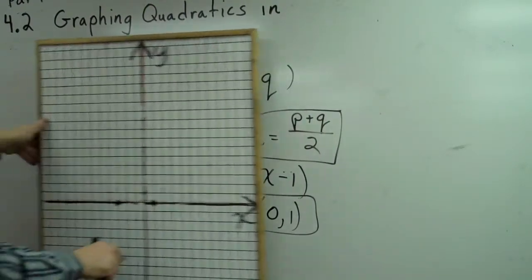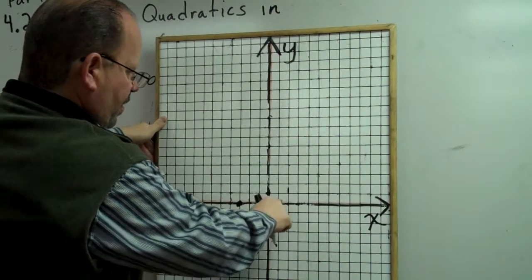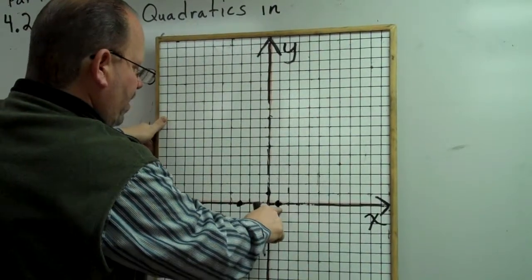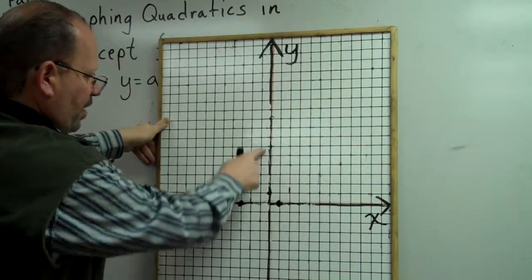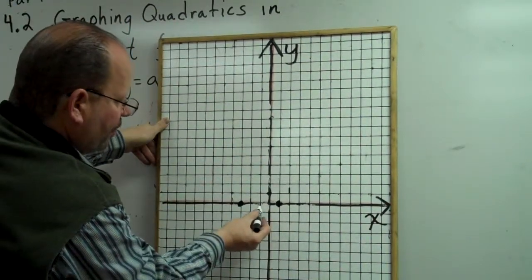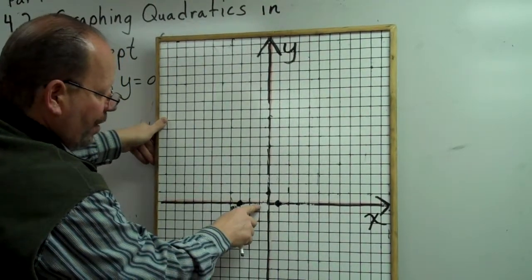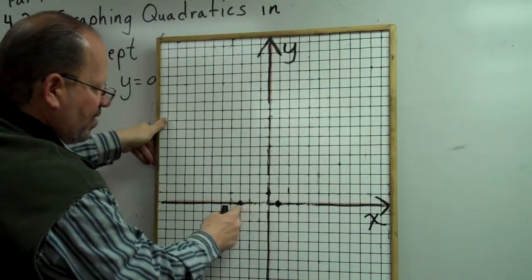We find our parabola is going to cross the x-axis at these 2 points, and our vertex, our line of symmetry, is dead center. We'll find when we use that formula, we're going to get negative 1. X equals negative 1, because that's dead center.